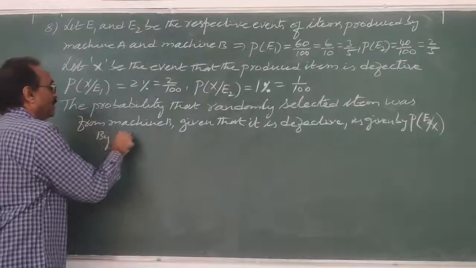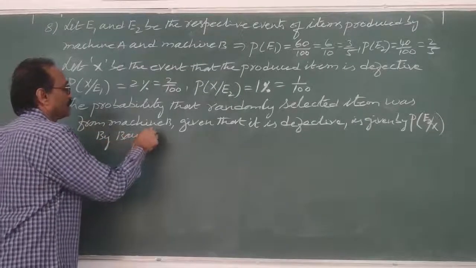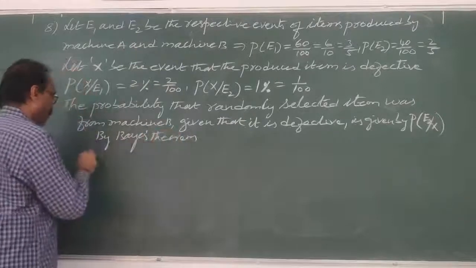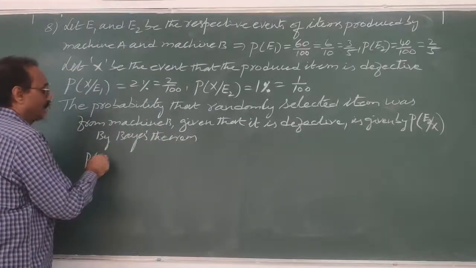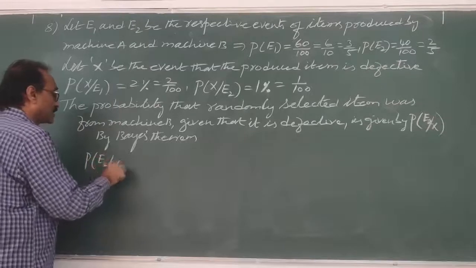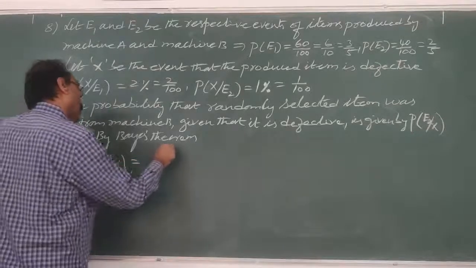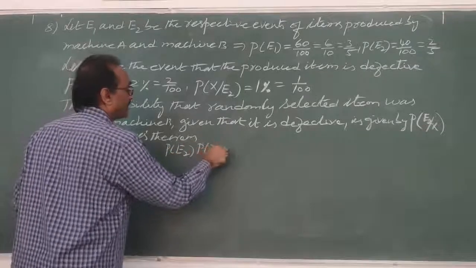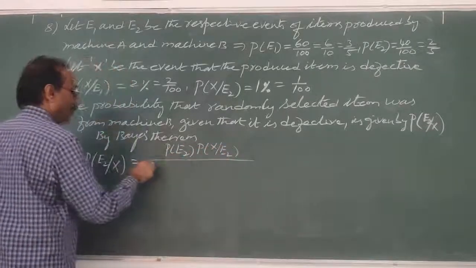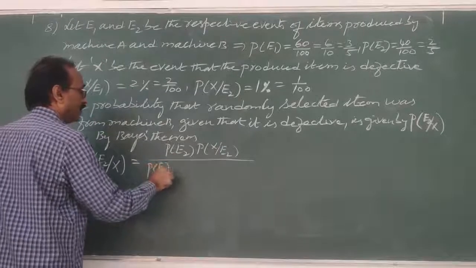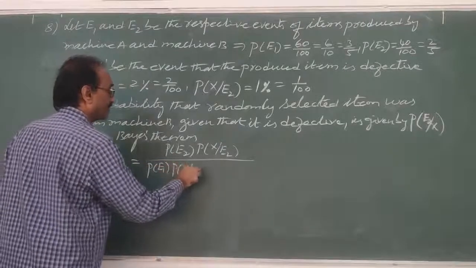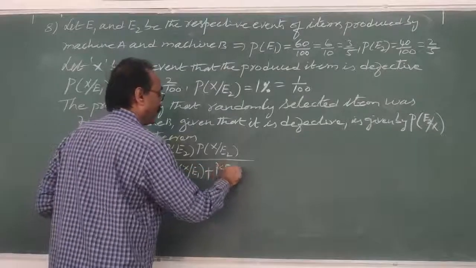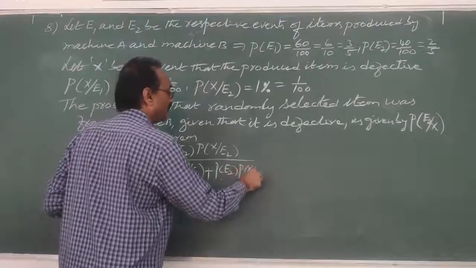By Bayes theorem, probability of E2 given X is equal to probability of E2 into probability of X given E2, divided by probability of E1 into probability of X given E1 plus probability of E2 into probability of X given E2.